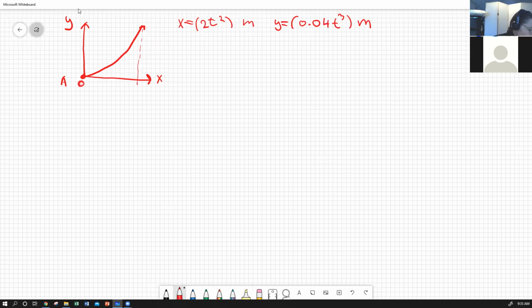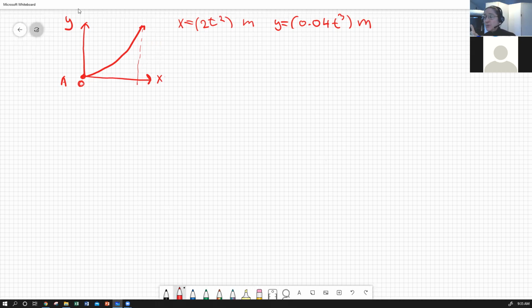Someone wants to know how far the helicopter has gone from point A and what its velocity and acceleration are at 10 seconds. So here's another twist on position, velocity, acceleration. How would I describe the position at any time?